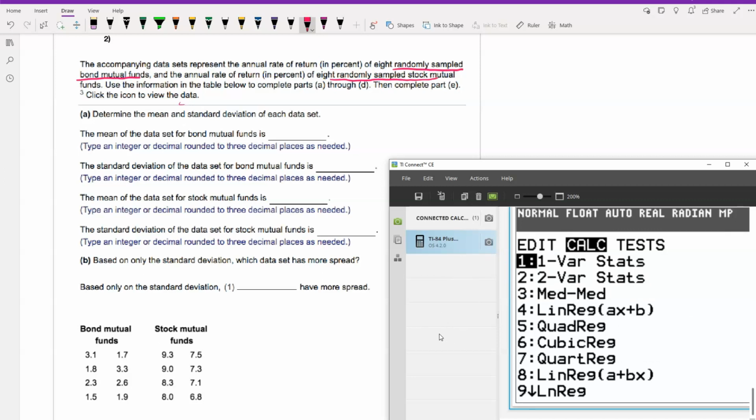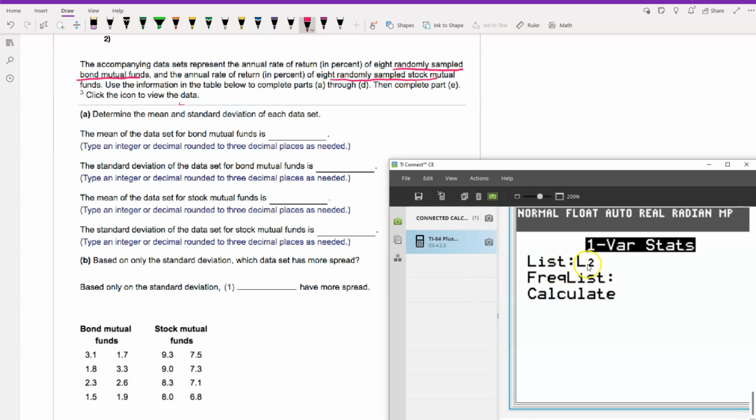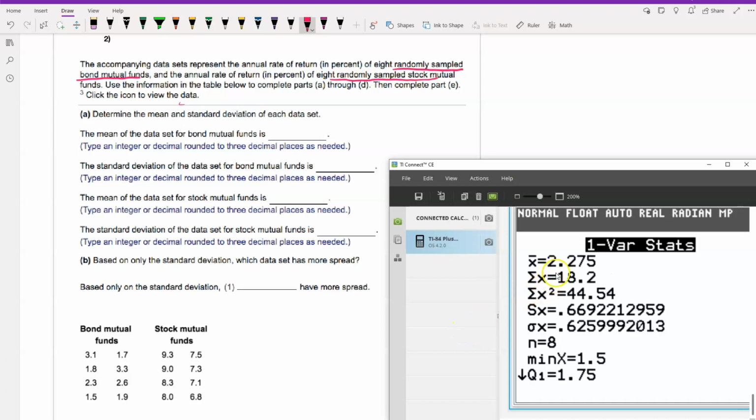Now for list we should have L2 because I entered these numbers into L2 for bond mutual funds. So this one L2, enter, enter, enter. It doesn't matter what column you use, but the point is that the column that you use to enter these numbers, you should have the same column here for list. Enter, enter.